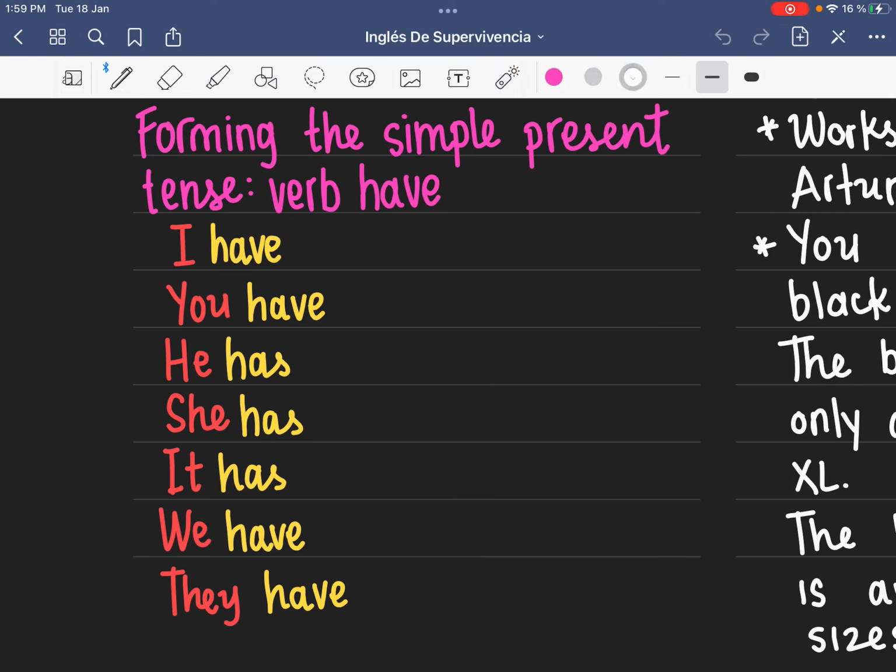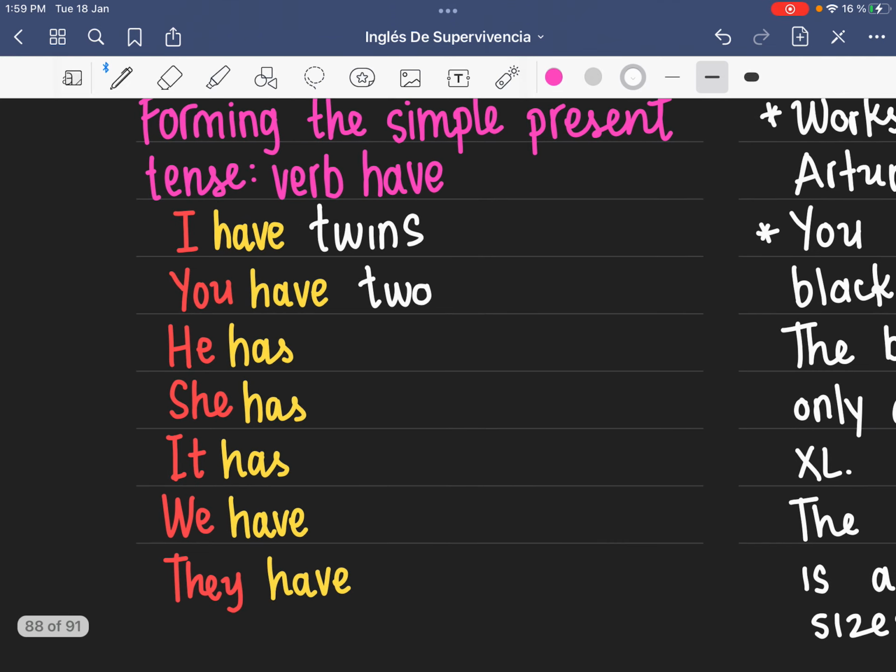Yo puedo decir, I can say, I have a car, or you have a car. Or I have twins. Tengo gemelos. Or you have two, I don't know, computers, computadores. ¿Ok?